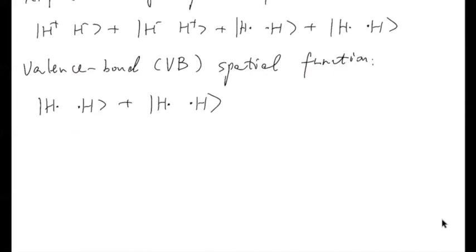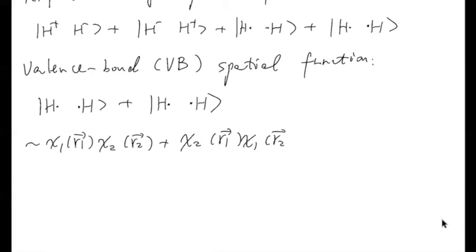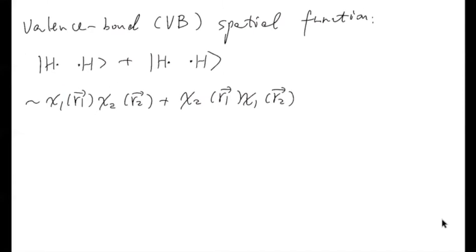Right? So if you write these two terms in terms of the atomic orbital, then this is basically chi1 R1 chi2 R2 plus chi2 R1 chi1 R2. Right? Historically, this is exactly the trial function that Heitler and London used for treating the hydrogen molecule. So this is also the so-called Heitler-London VB function, valence bond wave function.